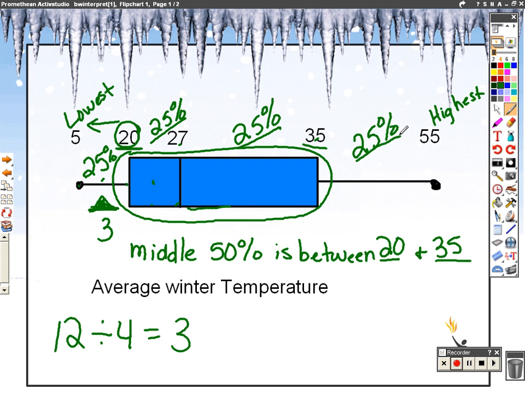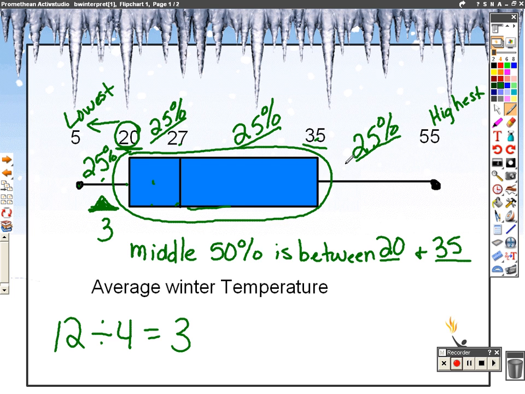Could it be 20? No, because there's 25, 50, 75 above. Could it be 27? No, because 50% are above that number. What about 35? Oh, there's only 25% of the data above that. So 25% of the data is above the number 35.